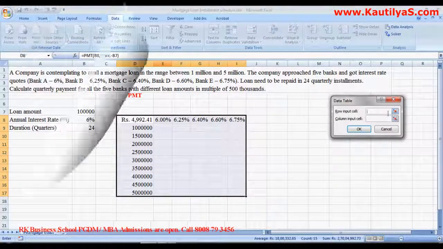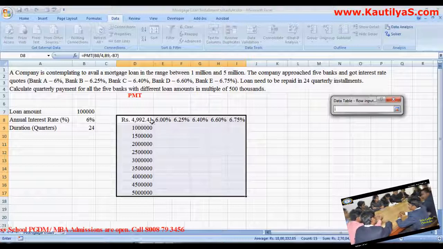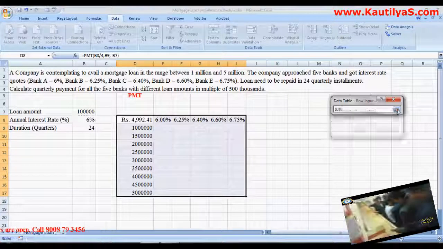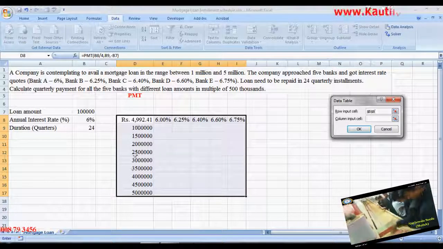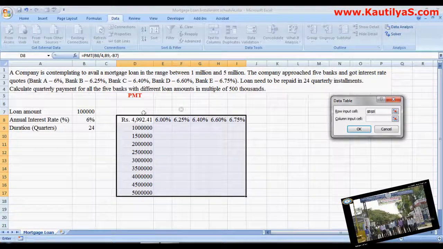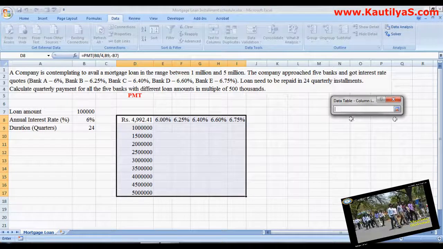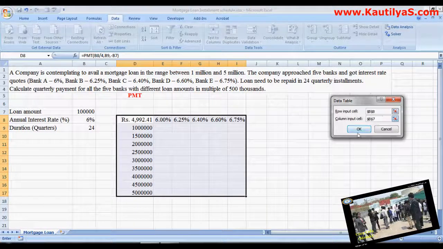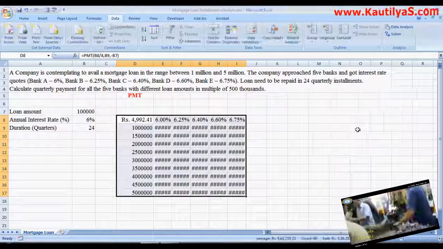So in the row input cell we have given the interest rate, so click the interest rate, and in the column input cell we mentioned the loan amount, so click the loan amount, then click OK.